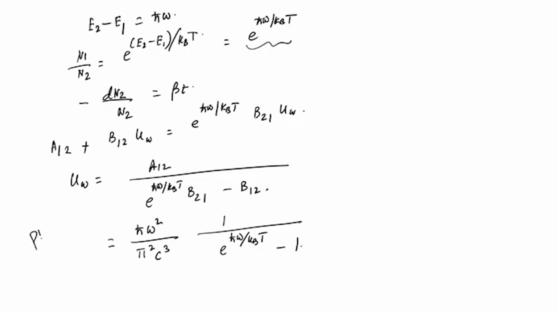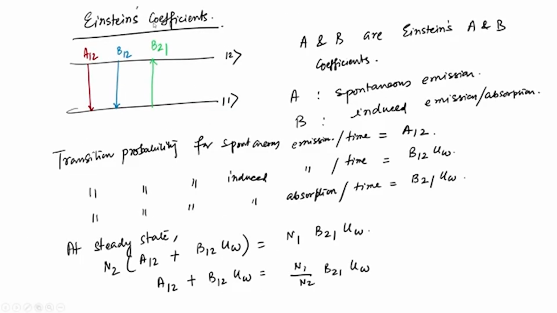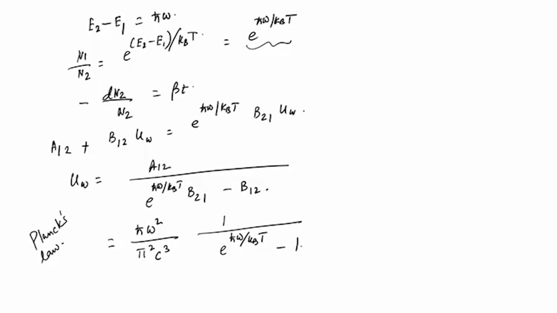So, this is Planck's law of black body radiation. You see that it is very easy to see that B12 is the same as B21. To remind you, B12 and B21 are the transition probabilities for induced absorption and induced emission.